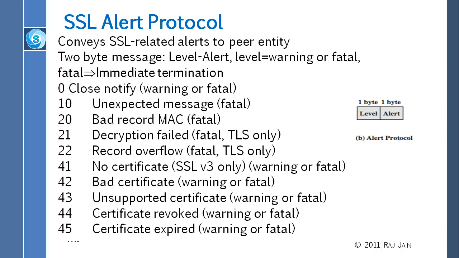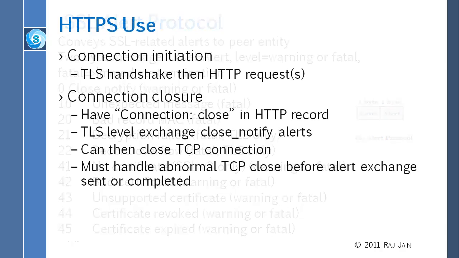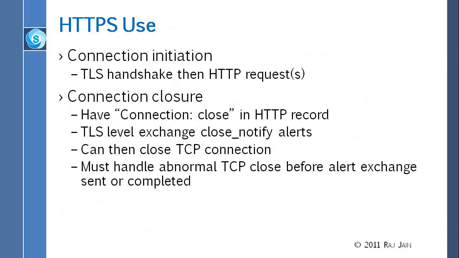It's actually not really an alert, it is just a normal thing. So normally you close that connection and then you close the TCP connection. But if the TCP somehow closes before, that is also okay. Then basically we'll just close the SSL connection.